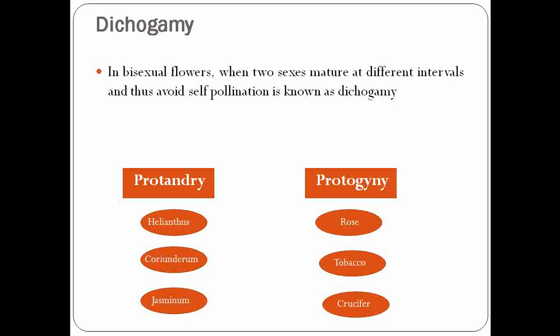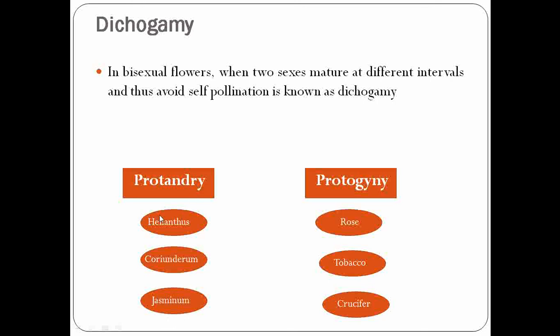Dichogamy is divided into two types, protandry and protogyny. Pro means beginning or earlier. So protandry means whenever the androecium, or the pollen grains, mature earlier than the gynoecium. In this process the androecium gets mature first.